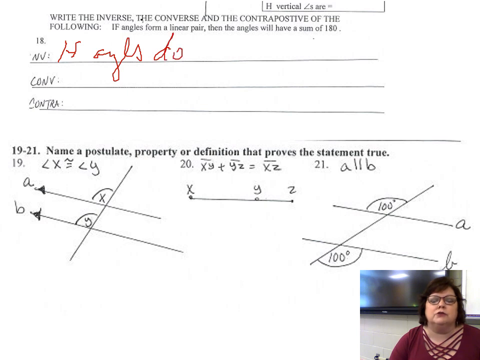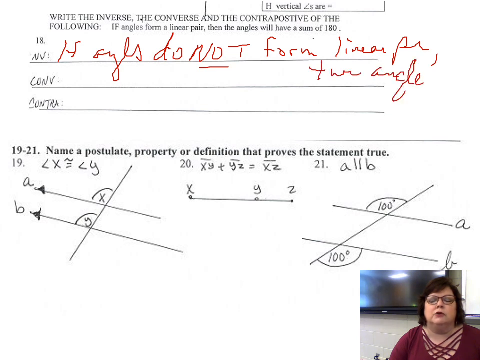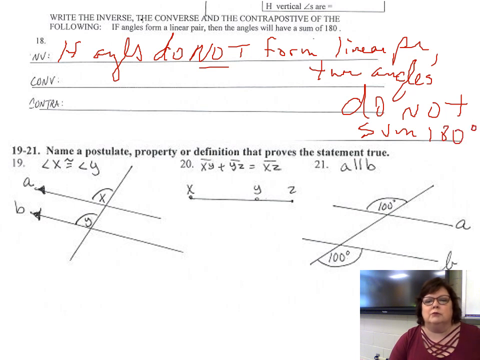You can put an extra little helping verb, but make sure you're putting the not. Okay, so the main thing is you're putting the nots into both the hypothesis and the conclusion. The part after the if and the part after the then.